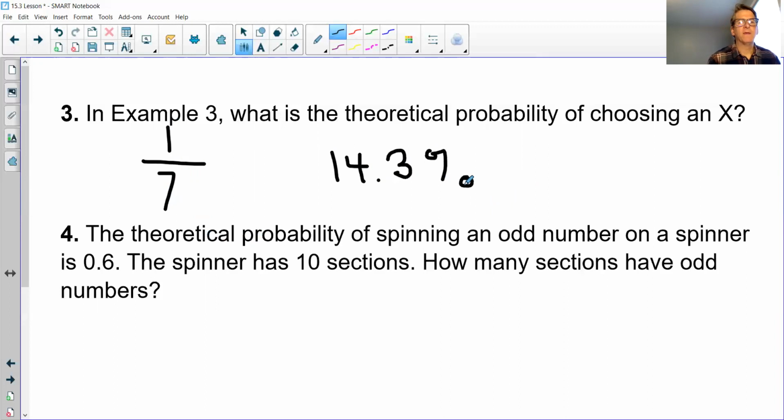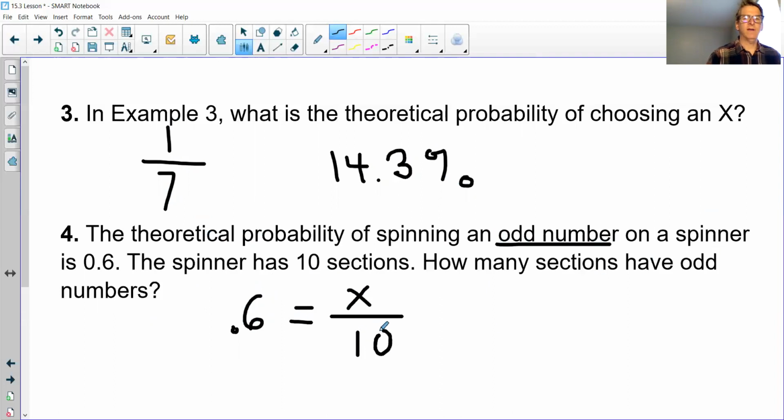Number 4, the theoretical probability of spinning an odd number on a spinner is 0.6. So we are given the probability as 0.6. The spinner has 10 sections, the total number of sections.